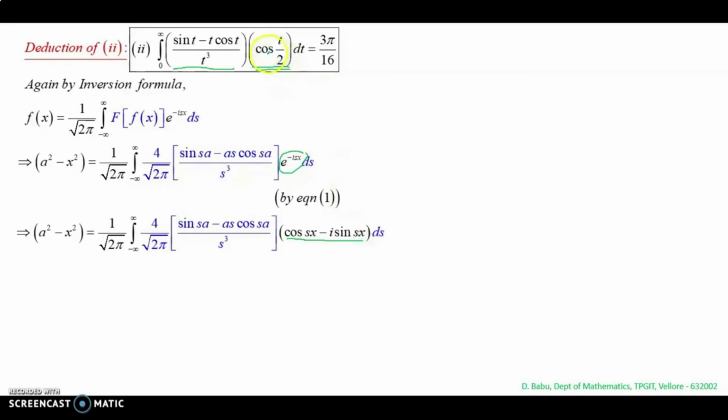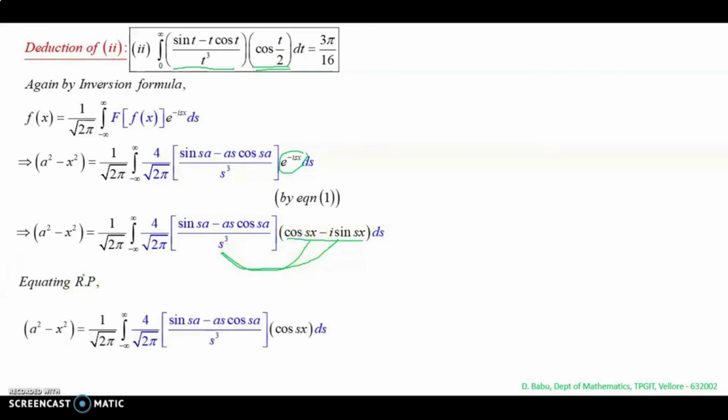Cosine term only. Therefore, equating real parts. This is the real part and this is the imaginary part. We need the cosine term only, so we equate the real part on both sides. For LHS, the real part is a square minus x square. There is no imaginary part in LHS. For RHS, the real part is this bracketed term into cos sx. So, equating real parts, we get this.